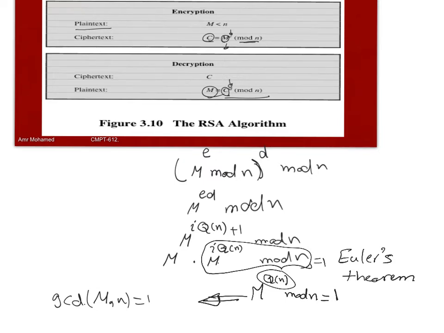What is the condition here? They are coprime. By the way, this condition is neglected in many public key cryptography books. They don't even mention it. Why?